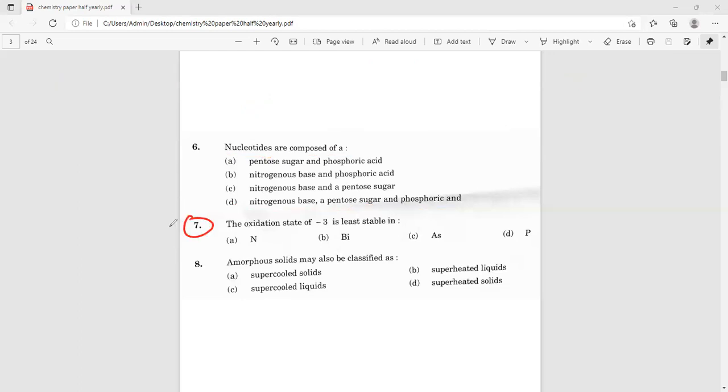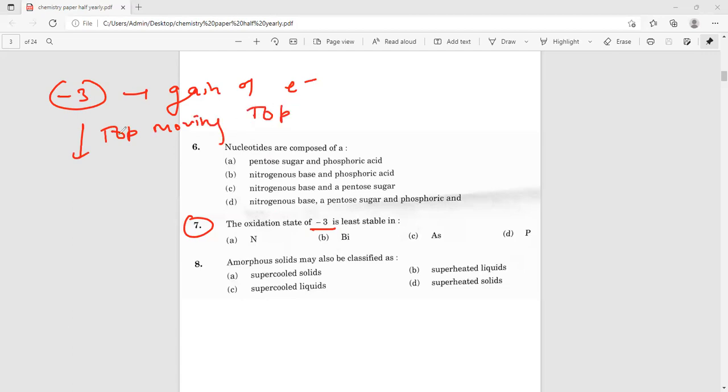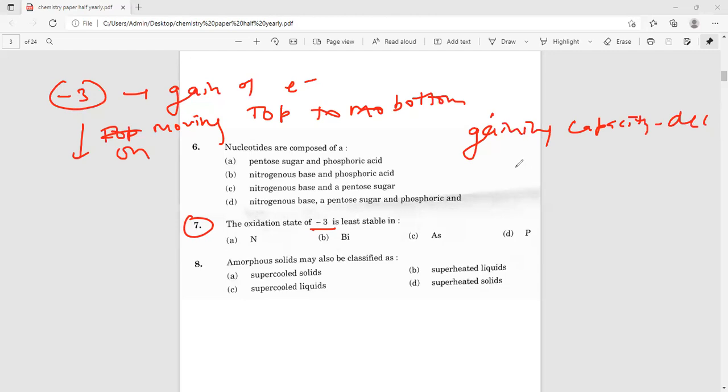Question number 7. The oxidation state of -3 is least stable. We know that -3 means gain of electron, right? And on moving top to bottom, the accepting or gaining capacity decreases, right?